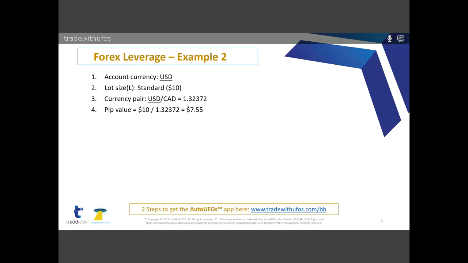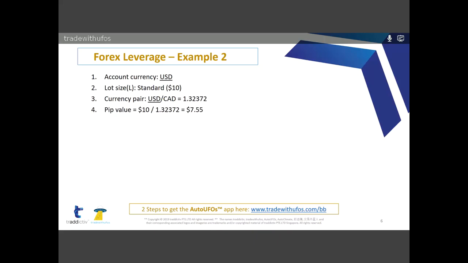So here, our account currency is still a US dollar and our lot size is still the standard lot size. Now, however, we're trading the US dollar Canadian dollar. Now, US dollar is still part of the currency pair, right? However, it's not the quote currency in this pair. So what we need to do is simply divide our standard lot amount, $10, by the currency pair quote.